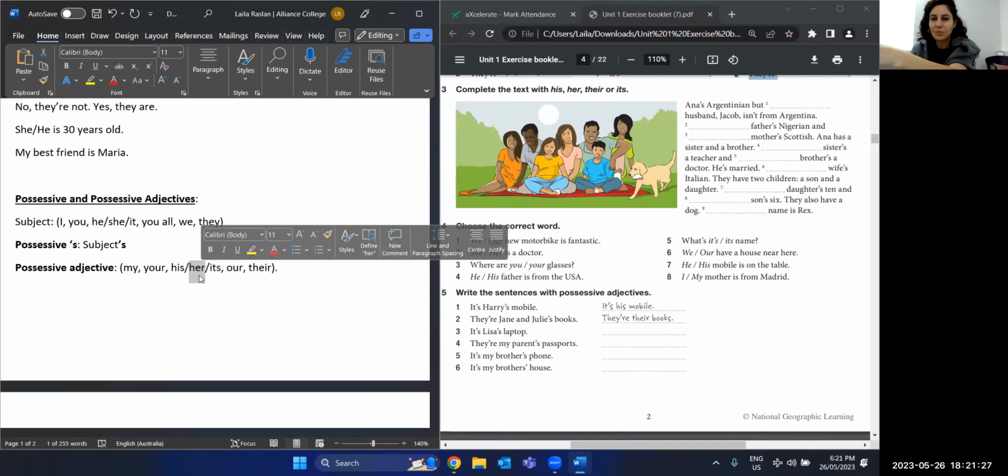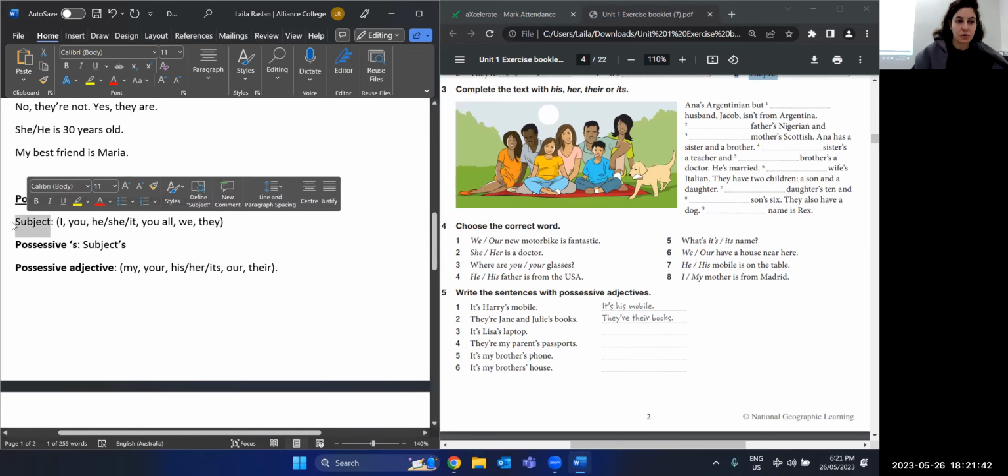Her car is small. Her English is so good. Her dress is beautiful. But this is just simple. I'm talking about the subject. She is a doctor. So we're going back to the first rule, subject. Number 3, Joanna.